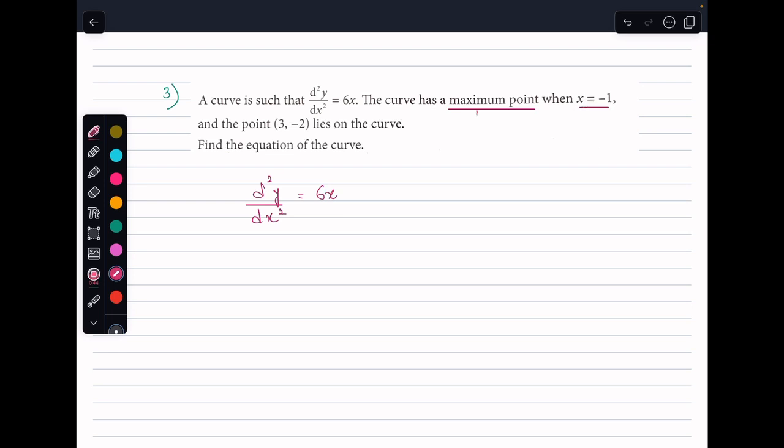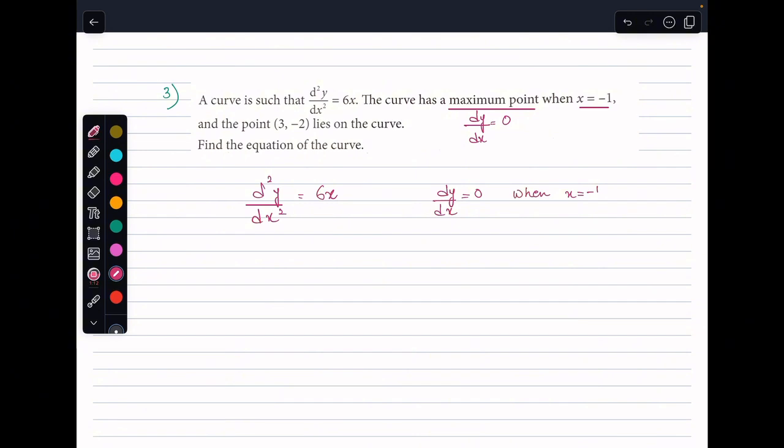If it is the maximum point, then we know that our first derivative dy by dx needs to be 0. Maximum point, minimum point, stationary point, they all mean the same, where the gradient equals 0. And this is happening when x equals minus 1. So I have this condition also, that with respect to the maximum point, our first derivative equals 0 when x equals negative 1.